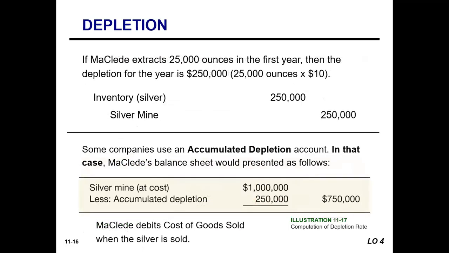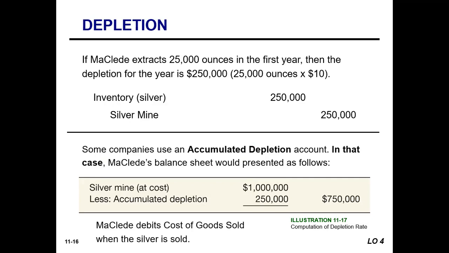So just like it shows here, if McLeod extracts 25,000 ounces in the first year, then the depletion expense for the year is $250,000. And then we'd have that silver available for sale, presumably. So we'd be debiting inventory, crediting the silver mine asset.